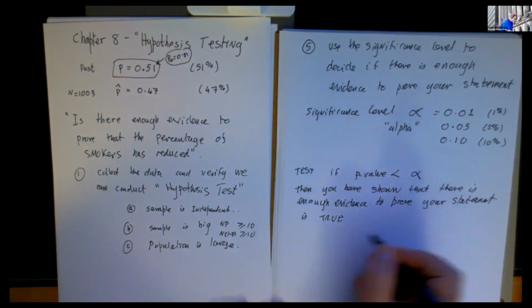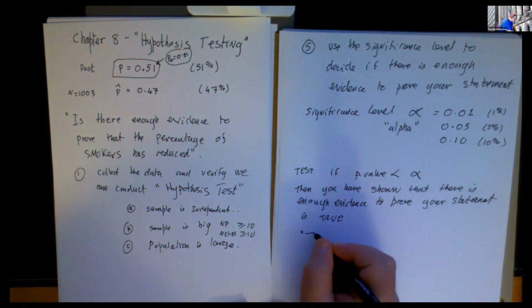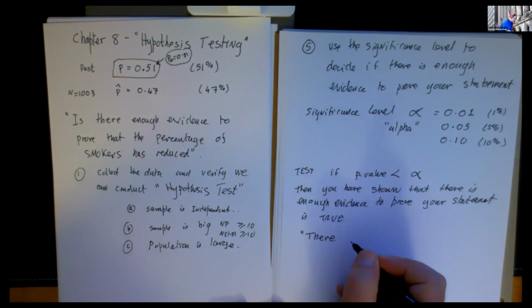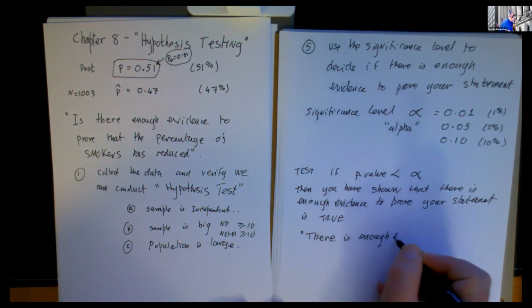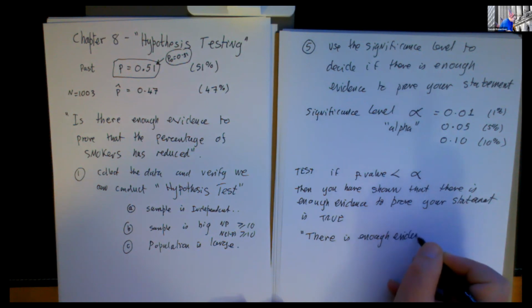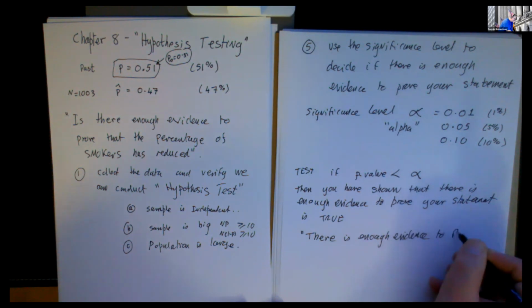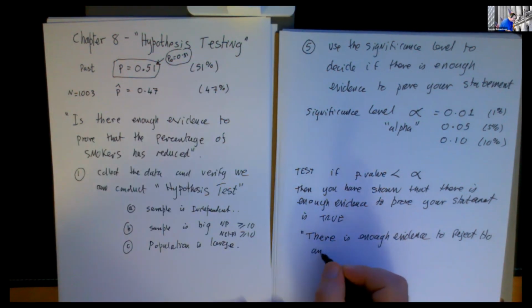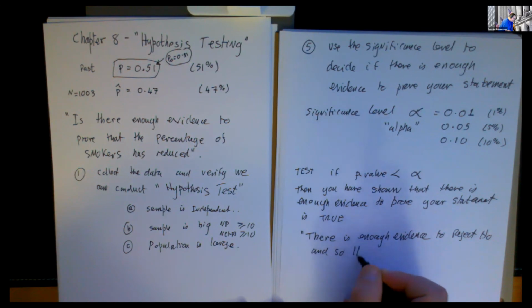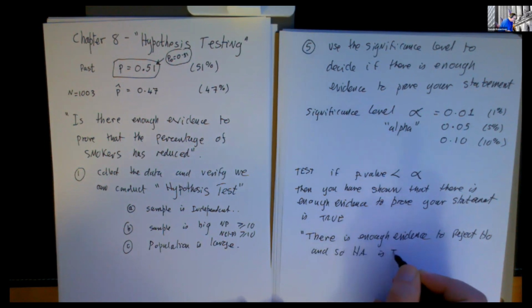This is what it typically gets said in the textbook: there is enough evidence to reject H0, and so HA is true.